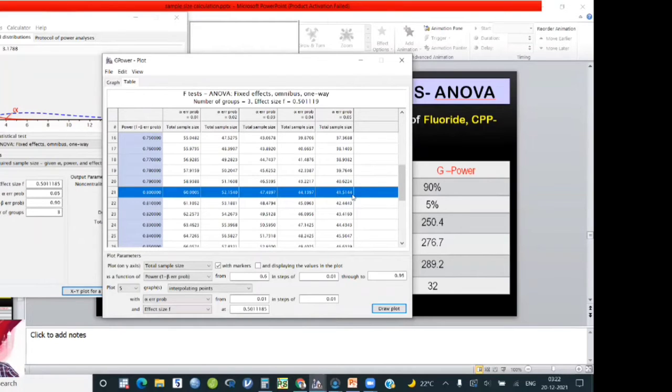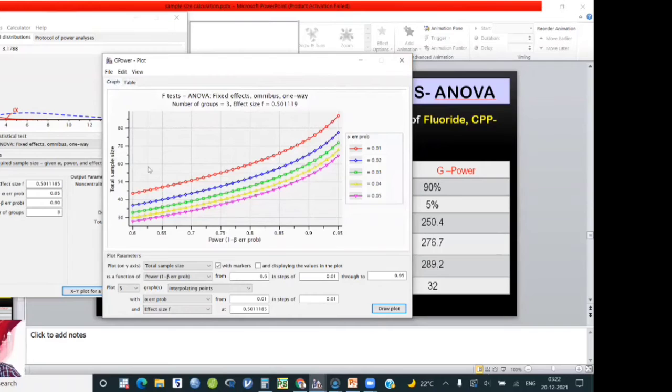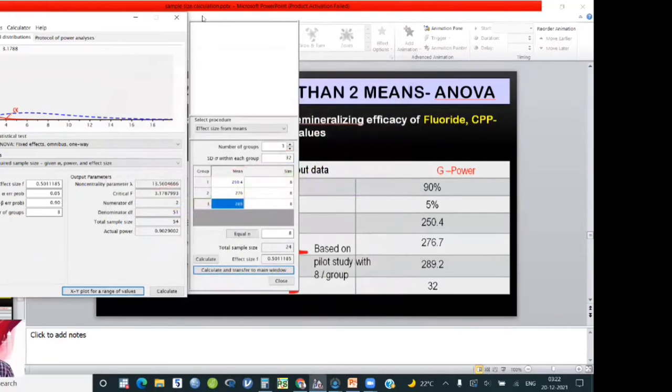Overall sample size, I mean 42. Suppose a researcher wants the power to be highest and wants to minimize the error, he can say 95% power at 1% alpha level. He can choose this sample size. And this is a graph which shows how your sample sizes increase as the power increases. That's it. Okay. So let me go to the next example.